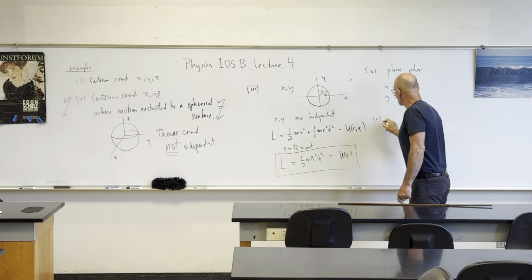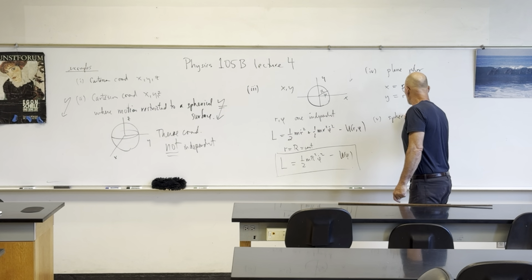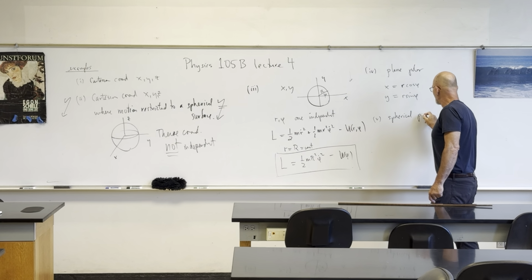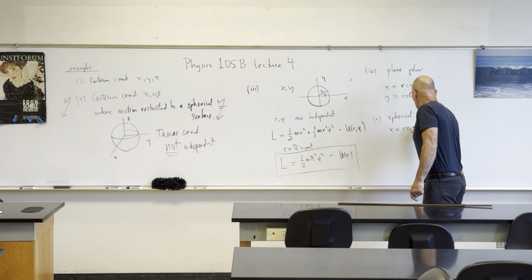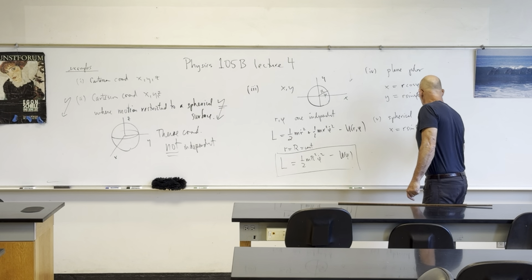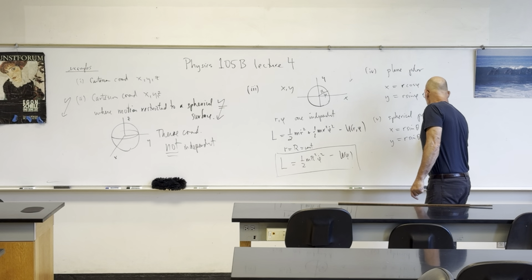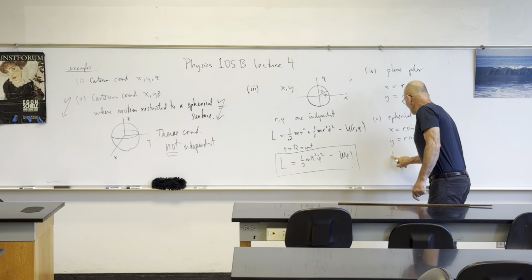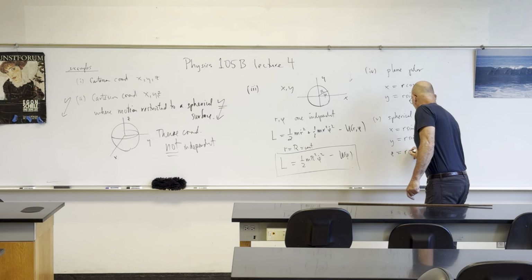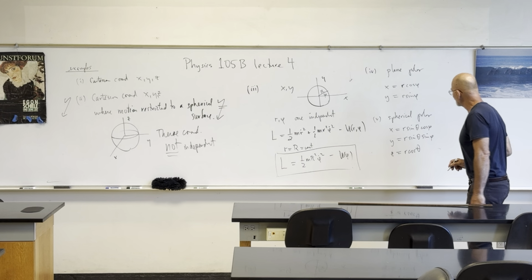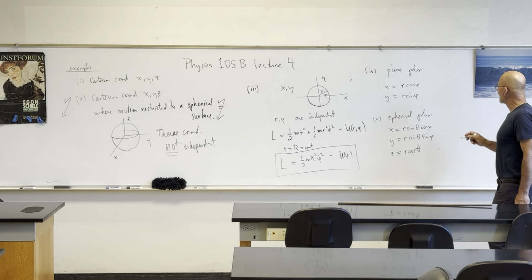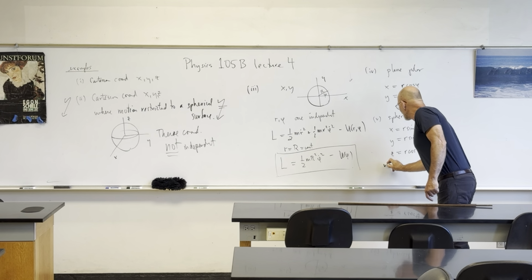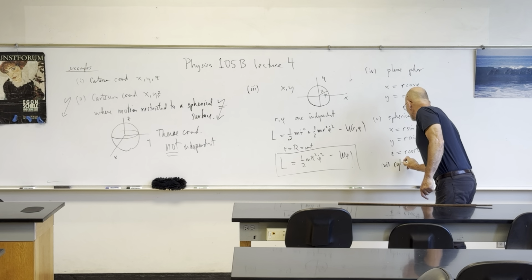And the spherical polar, and x is r sine theta cos phi, y is r sine theta sine phi, z equals r cos theta. And so those would be the spherical polar coordinates. And we could have the cylindrical ones as well. I won't write them out explicitly, but just for the record.